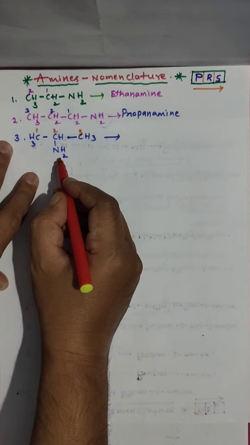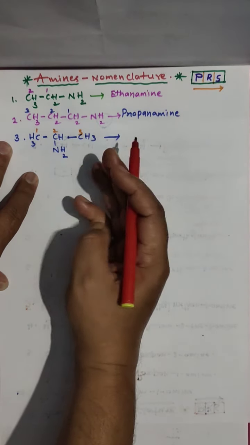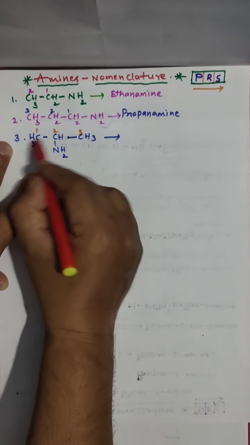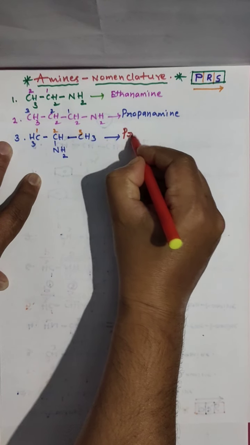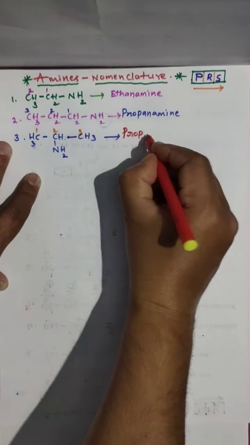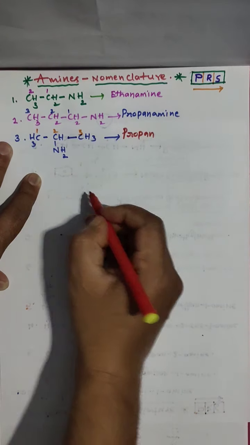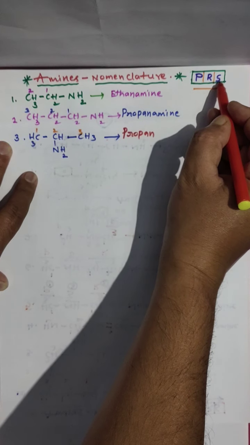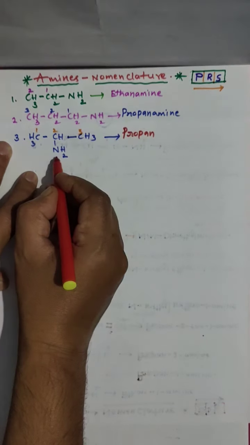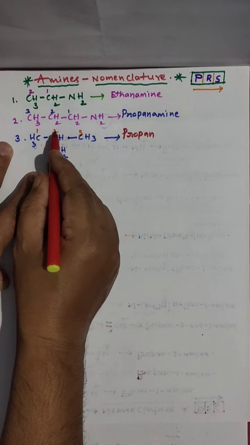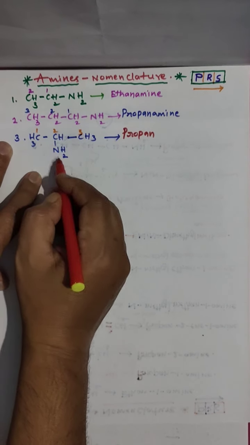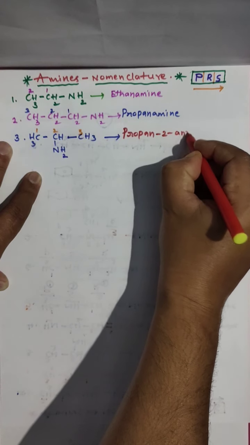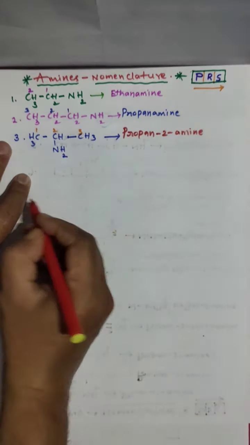Here prefix is not there; substitution like chloro, bromo, nitro is not there. Next root word, 1 2 3, prop. All single bonds, propane. Next suffix means functional group. At which carbon the functional group is attached, that number we have to write. Propane-2-amine.